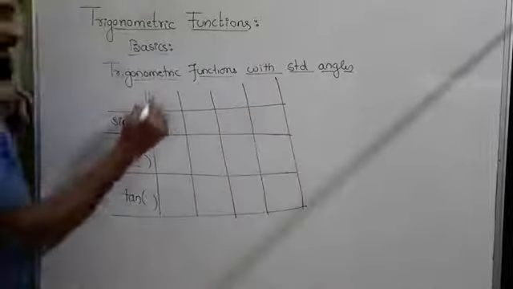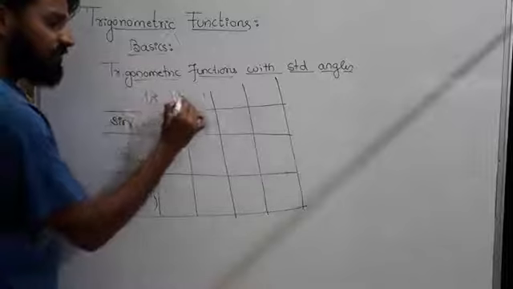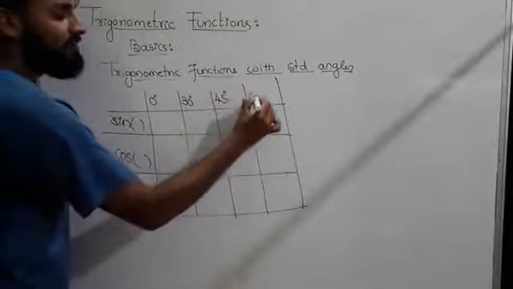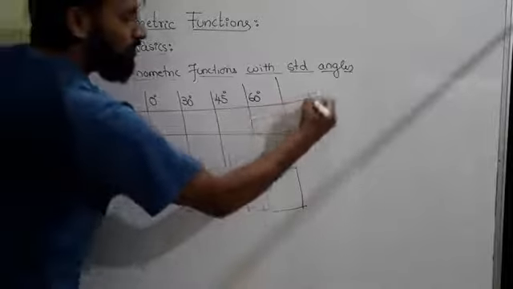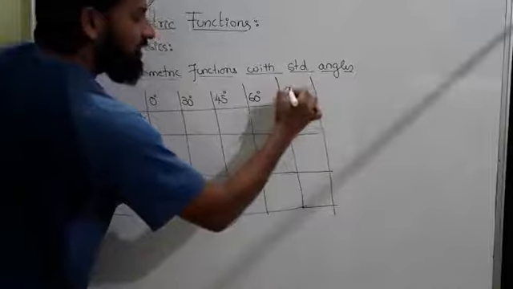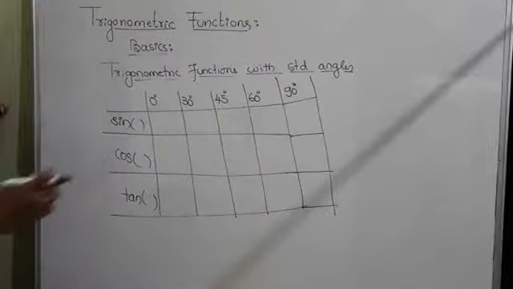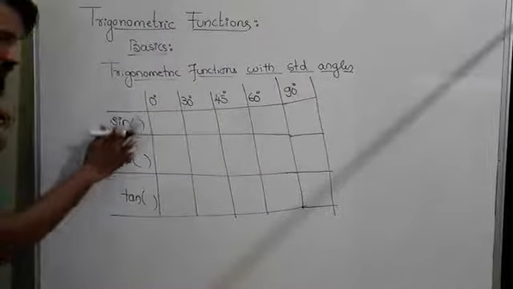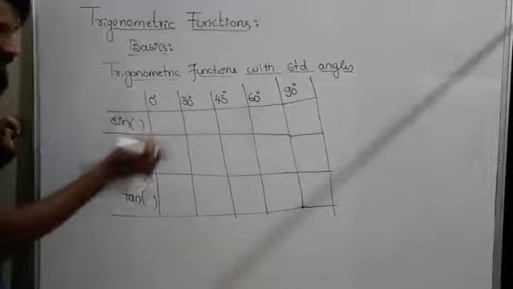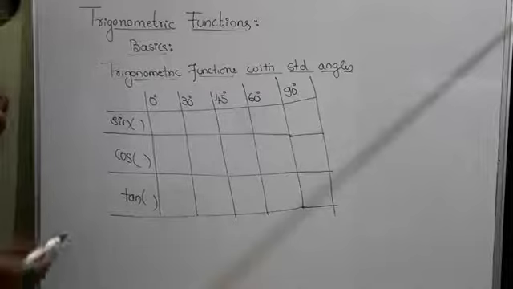So standard angles are 0 degree, 30 degree, 45 degree, 60 degree, and we have one more, that is 90 degree. And here when I say sine of 0, cos of 0, the angle will come here, and you know how to fill this table, isn't it?